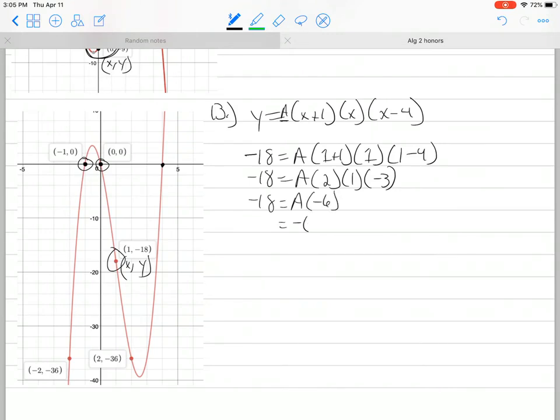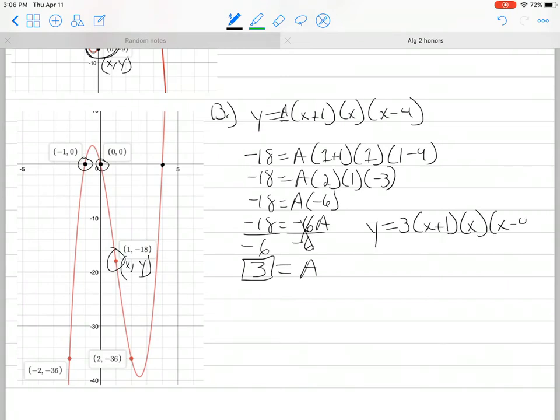If I flip this around, that's negative 6a equals negative 18. Divide by negative 6, and we end up with a equaling 3. So my a value is 3. So I have an equation of y equals 3 times x plus 1 times x minus 4. Okay?